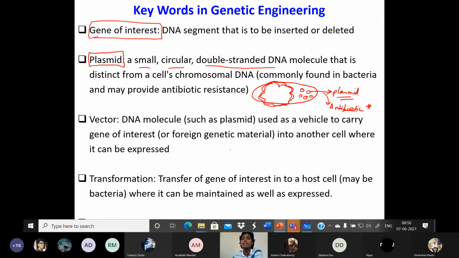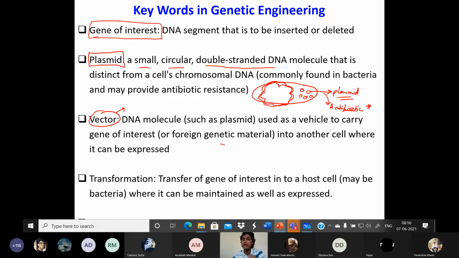But how will you transport your gene of interest? The idea is vector. You studied vector, like the mosquito is also called a vector because it carries disease, right? But in this case, vector means a DNA element which can carry foreign genetic material or gene of interest.